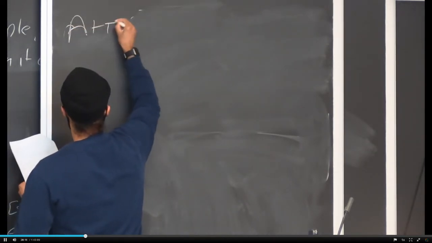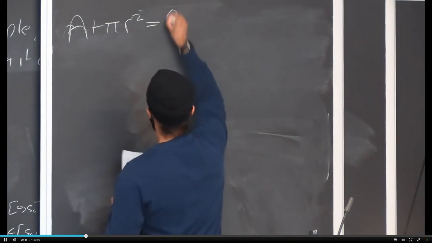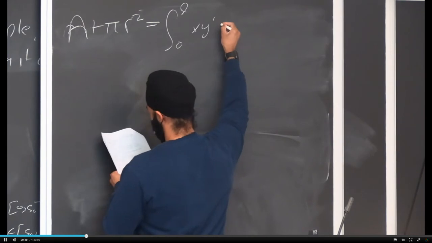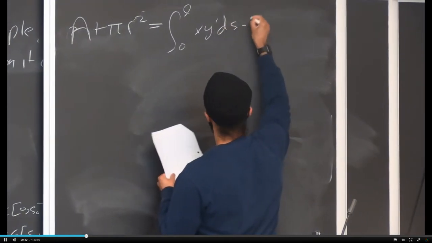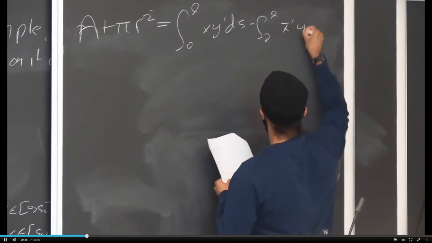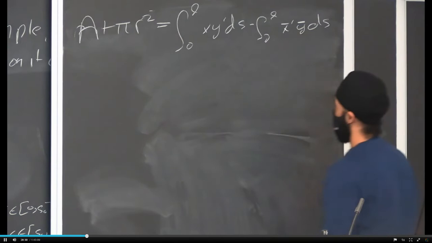So the area of the figure plus the area of the circle is going to be equal to, this is the formula that I gave at the start of the presentation. It's just how we calculate area. So let's think about this formula for 1 second.